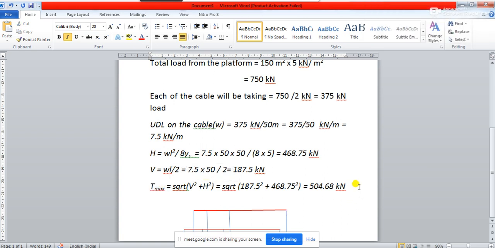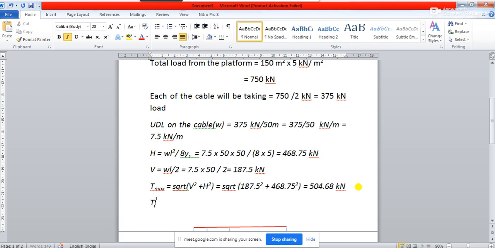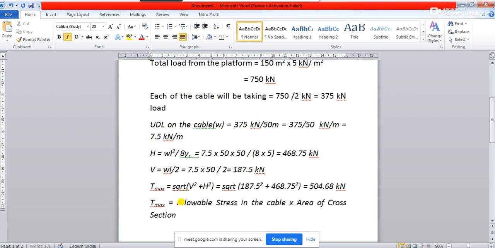So I can write it something like this, that T max, whatever is the maximum tension in the cable, is equal to the allowable stress in the cable multiplied by the area of cross section of the cable, isn't it?